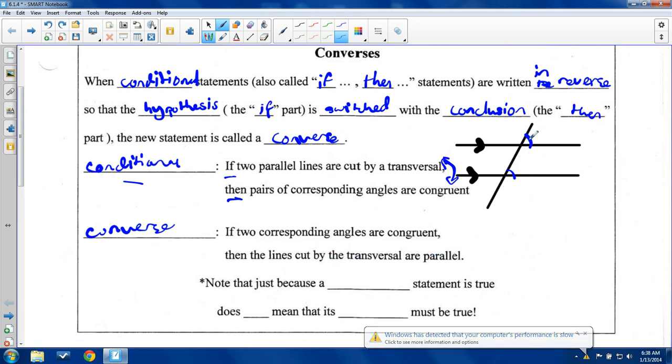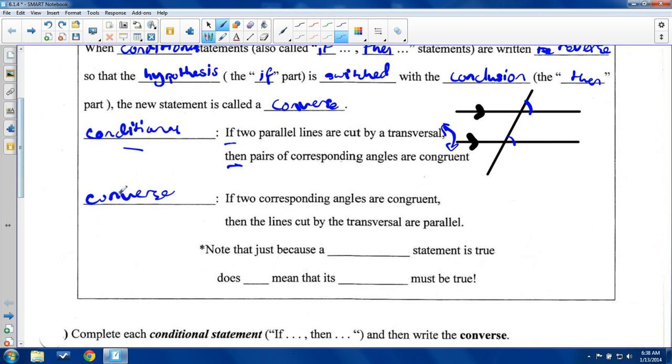So it's saying if we assume this part's true here, then these lines cut by a transversal are parallel. So the transversal makes the congruent angles, and that means if these are true, then this must be true. And I'm not always saying that converses are true, so we're going to talk about that here.